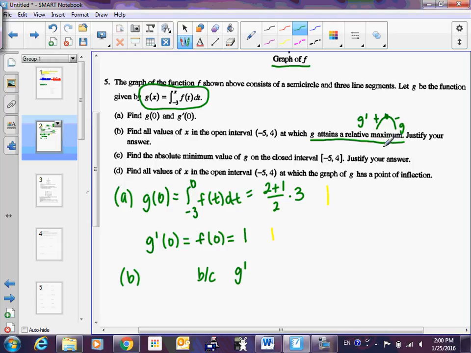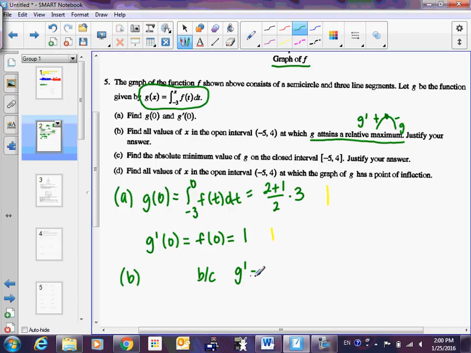There's also that chart thing that I gave you guys with the plus, minus, and the arrows. I'm not going to draw that right now. That's working for some people, and that's confusing some people. So you just got to decide if it's helping you, use it. If not, we got to figure something else out. So, recap. G attains a relative max when g prime changes from plus to minus.